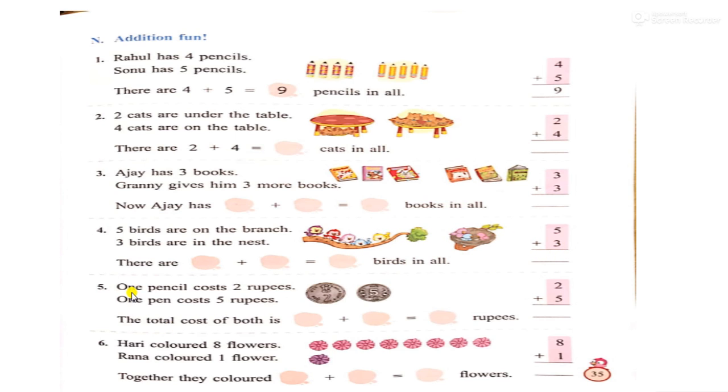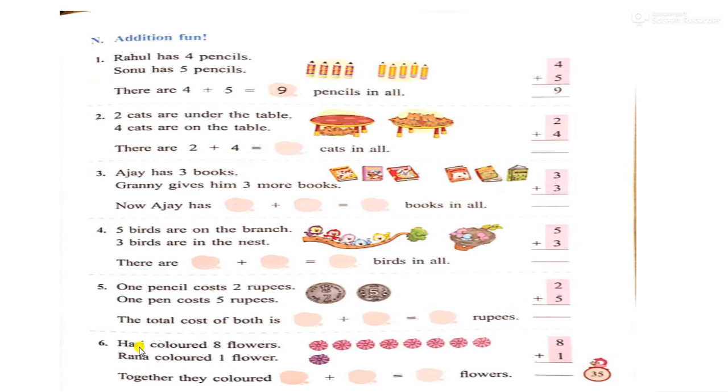Then fifth one, 1 pencil costs 2 rupees, 1 pen costs 5 rupees. Here 1 pencil costs 2 rupees, plus 1 pen costs 5 rupees. So 2 plus 5 is equal to total how many rupees? Count the numbers and write the answer here.